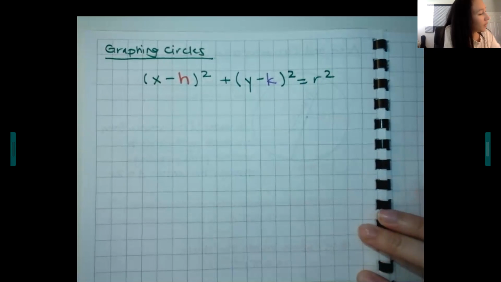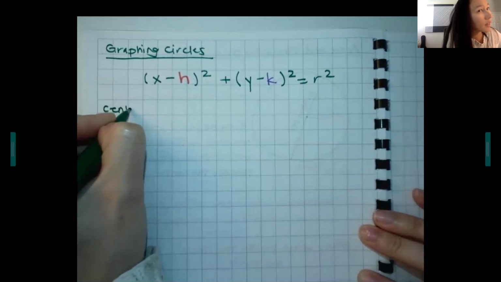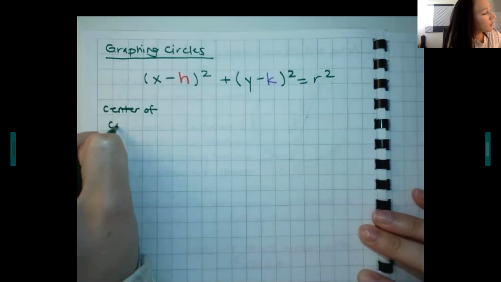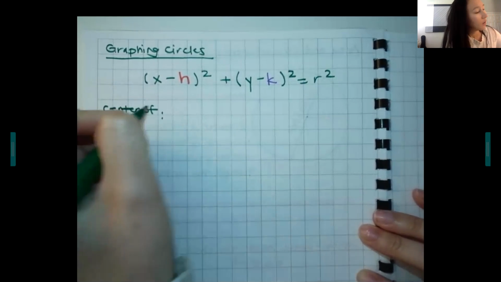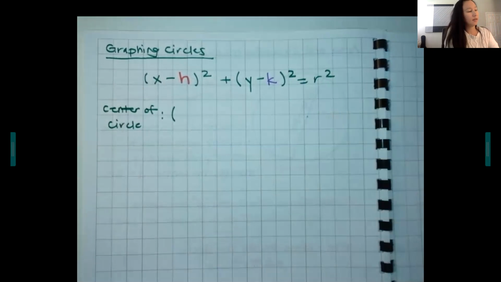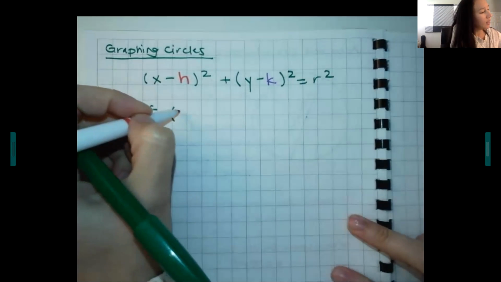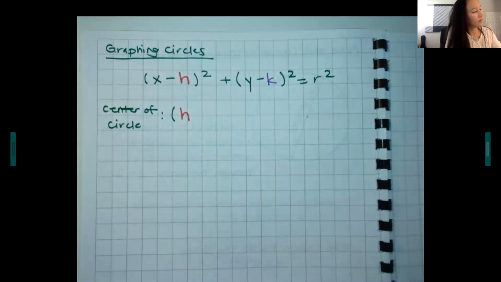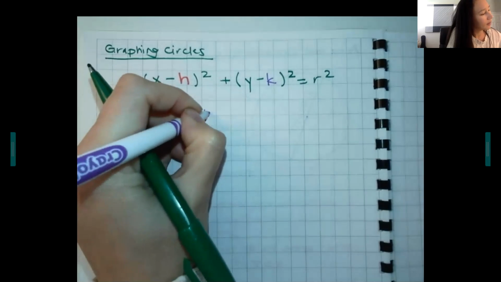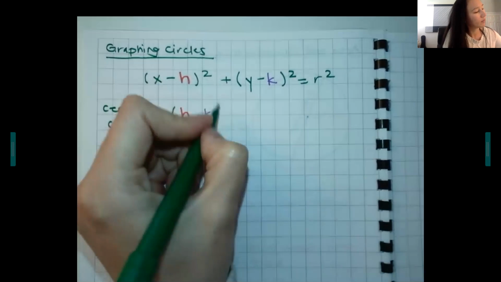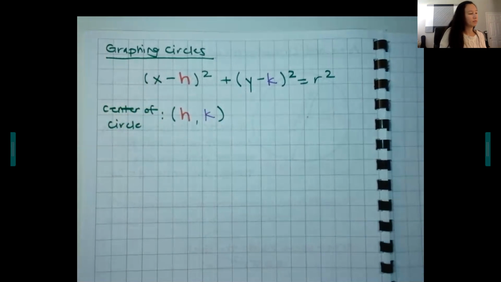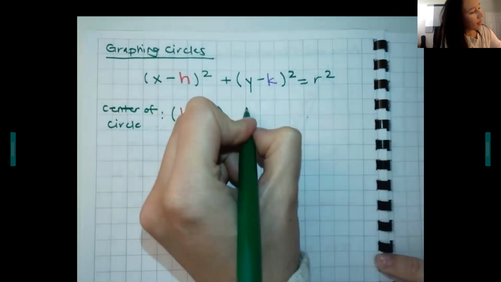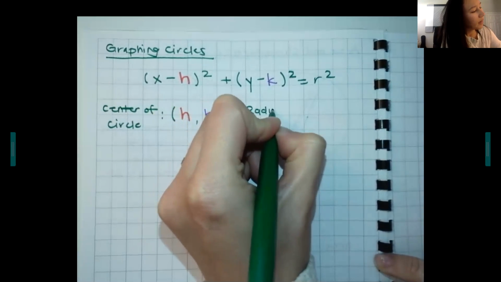From that equation, we can find the center of our circle, which is (h, k). And it also tells us the radius.